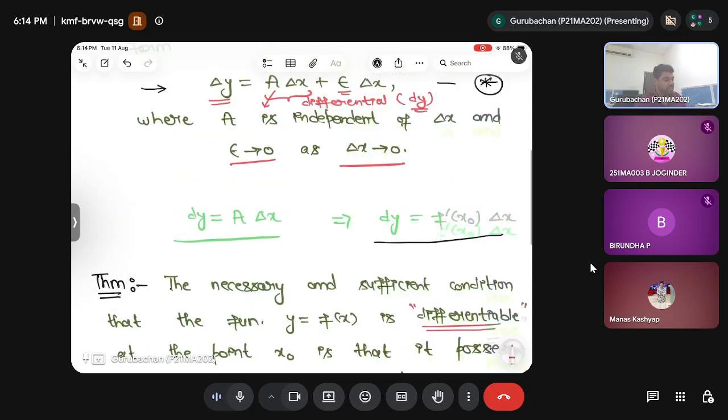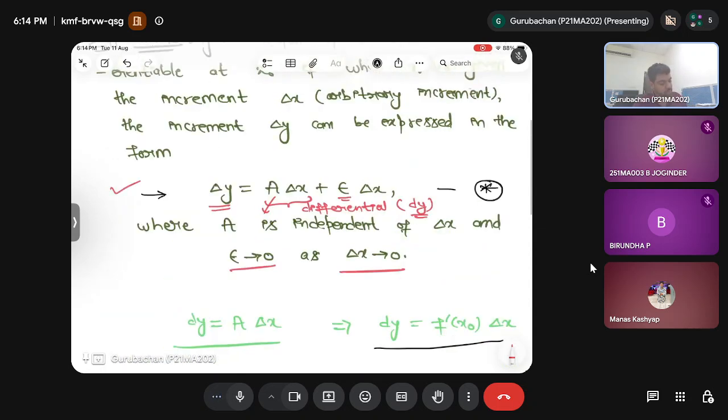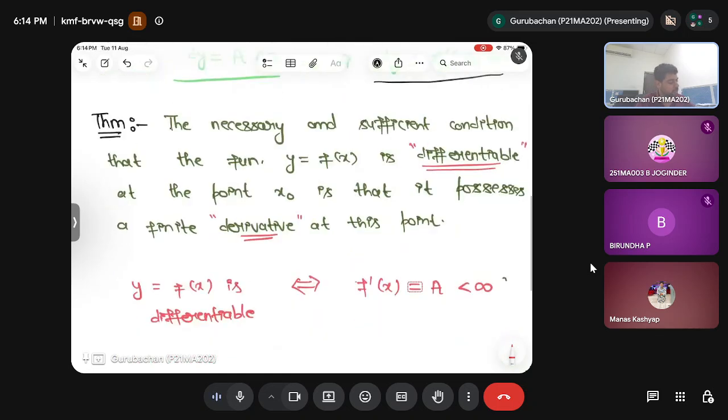So the basic definition of differentiability can be checked with the definition given in star. And the other thing is the derivative. If the derivative is finite, you can say a function is differentiable, and the other way around also, if the function is differentiable, then obviously the derivative is going to be finite. This is the necessary and sufficient condition for this particular function to be differentiable at x equal to x naught.